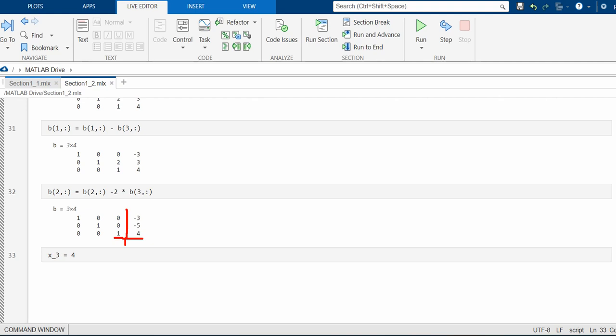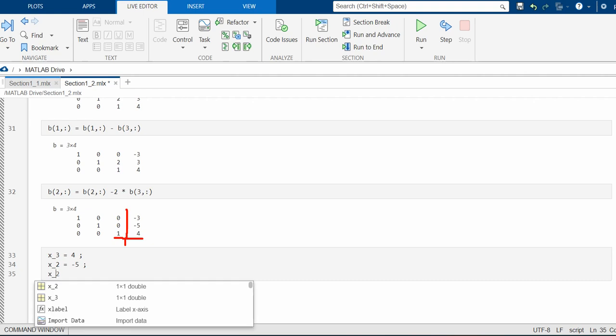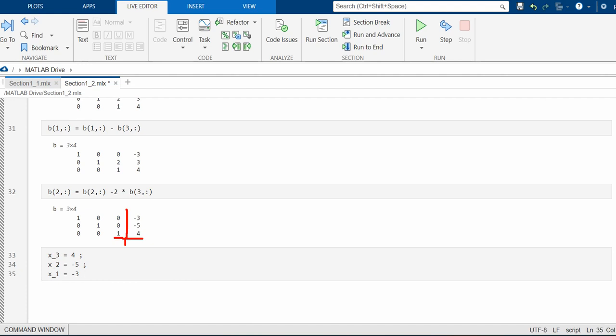So this basically just says, hey, x sub 3 equals 4. All right. And then I go right up, x sub 2 equals negative 5. And x sub 1 equals negative 3. All right, very cool. So we just read off the solutions.